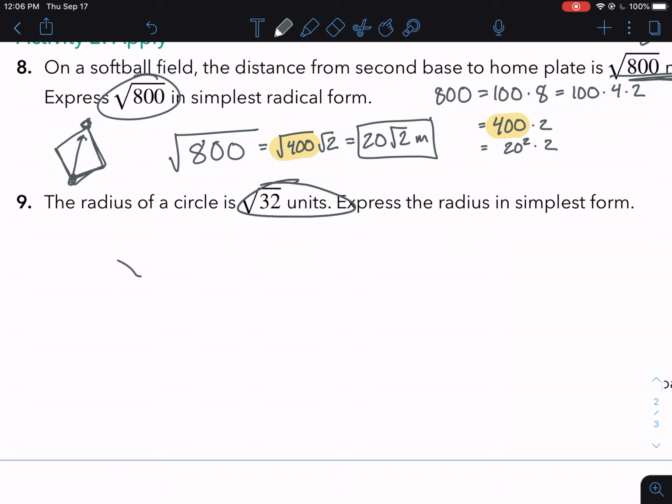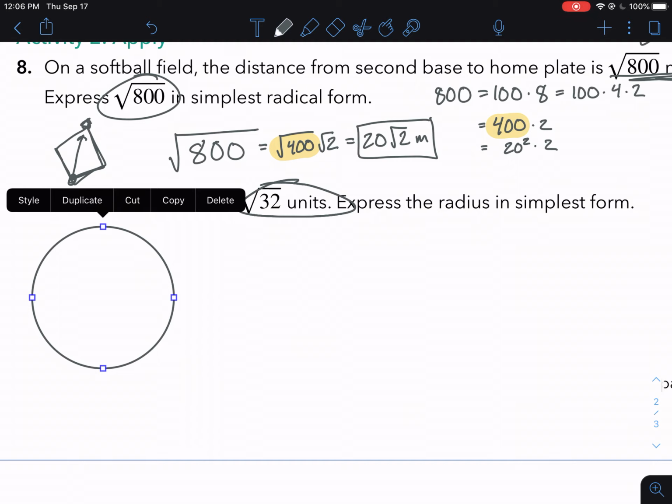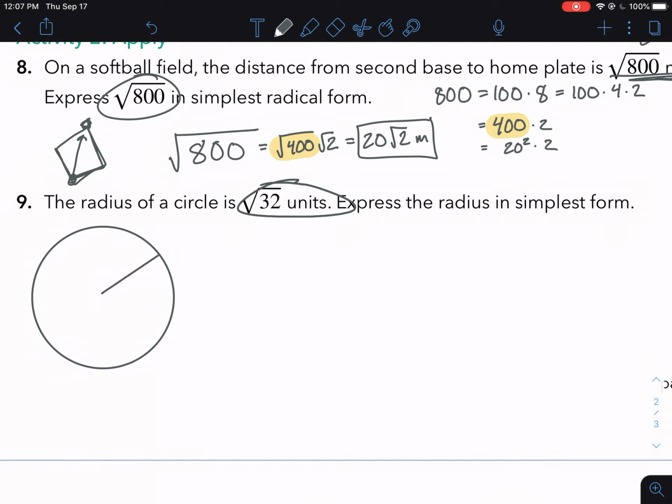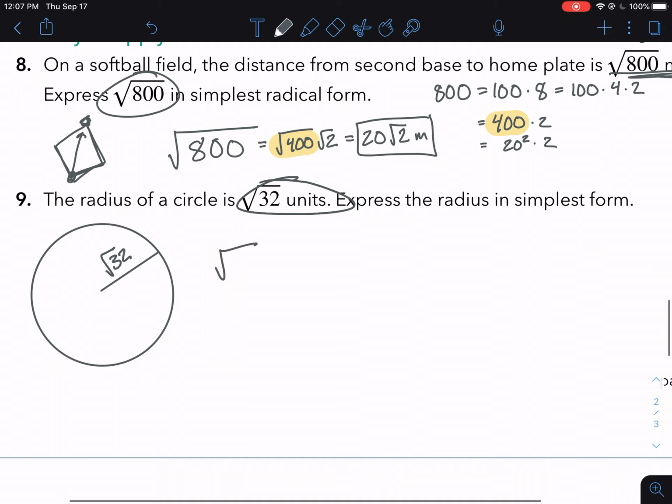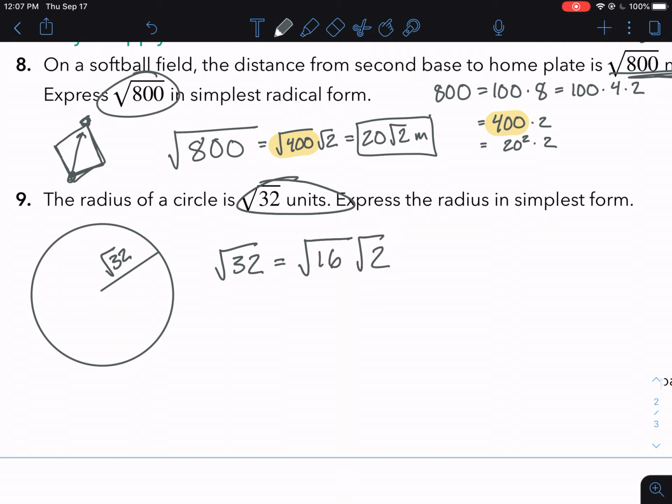So again, you've got this circle, and it's amazing. Look at that perfect circle I can draw. I'm just kidding. It's a shortcut. A radius is the square root of 32 units. So the square root of 32 is the same thing as the square root of 16 times the square root of 2, because 32 is 16 times 2.